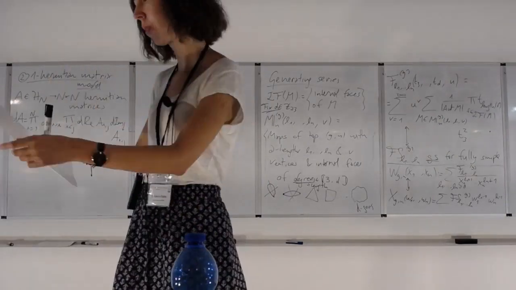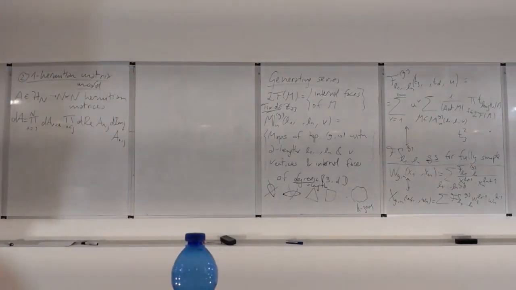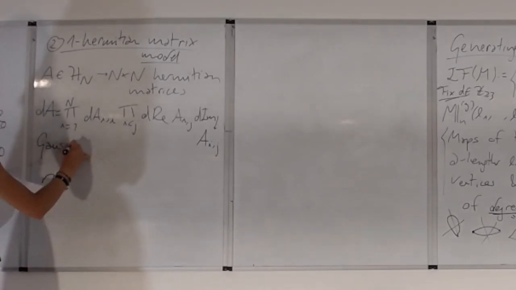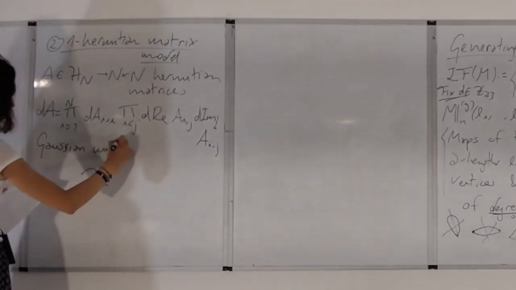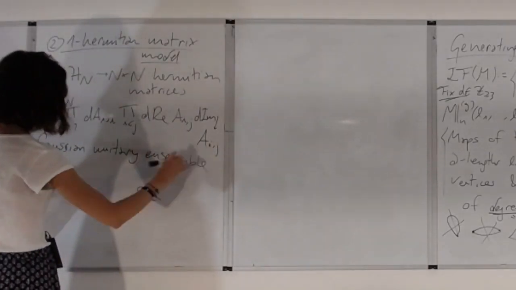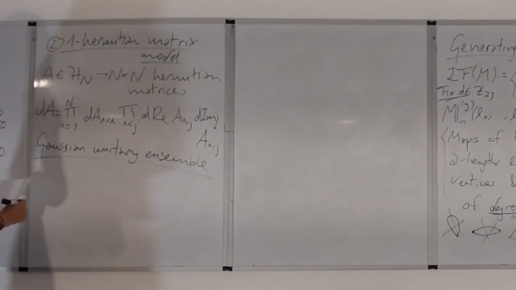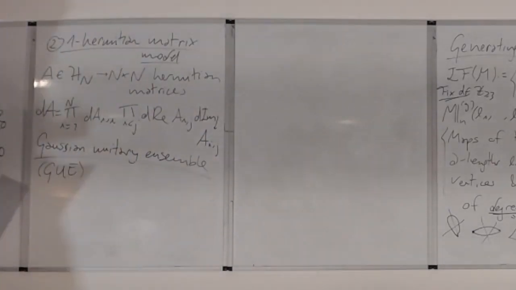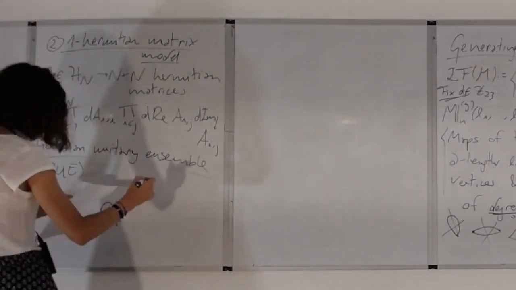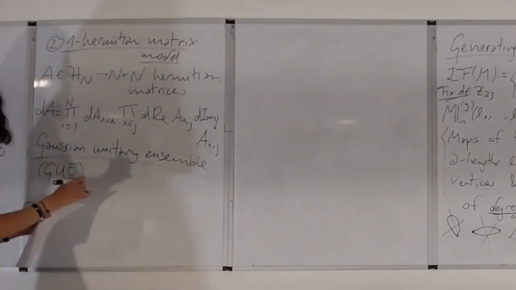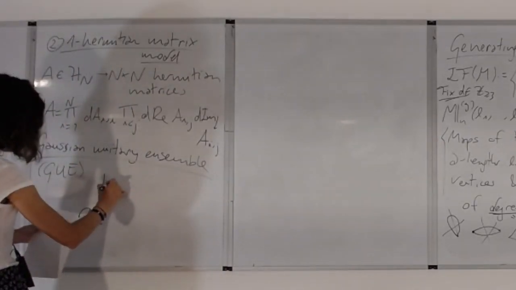Okay. So we put this Lebesgue measure on our space of Hermitian matrices, and we consider the Gaussian unitary ensemble, abbreviated very often as GUE. This is described by the Gaussian unitary measure that I just write down.